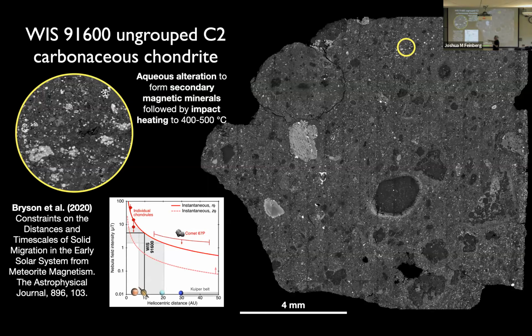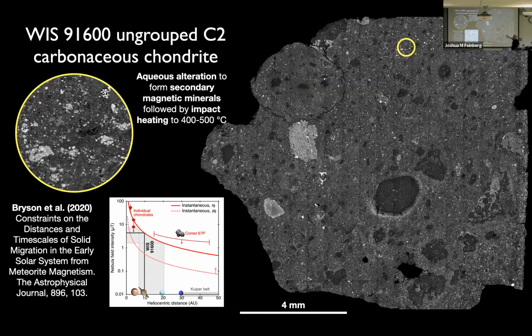And that, if you use this sort of simple model of how magnetic field varied with distance in the solar nebula, they nicely place this in the sort of beyond Jupiter part of the field. But that simple picture is being revised, mainly thanks to Kawe. But anyway, it has been measured. It has a good paleo intensity estimate of 4 microtesla.